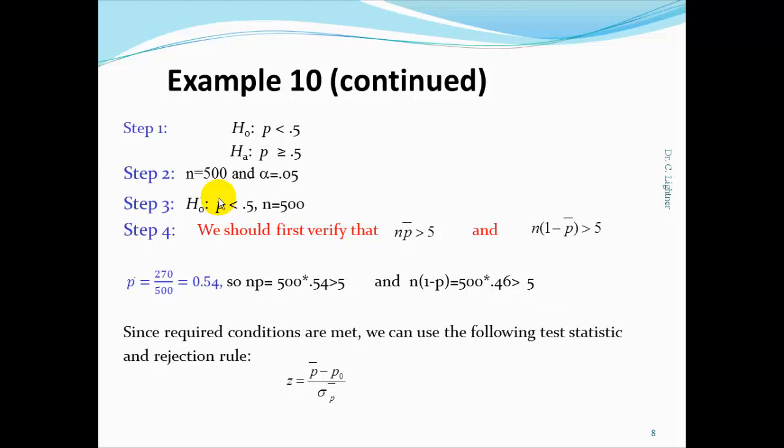We should note our null hypothesis, which is P is less than or equal to 0.5, and our sample size, which is N equals 500. As previously mentioned, for a hypothesis test about proportions, information about the entire population is not normally given.